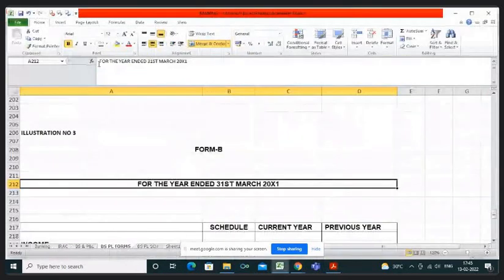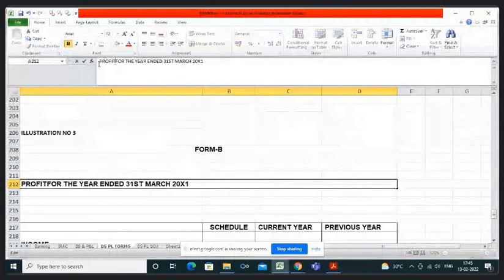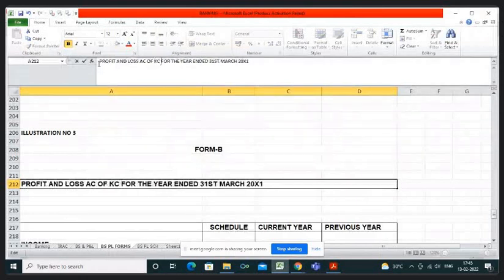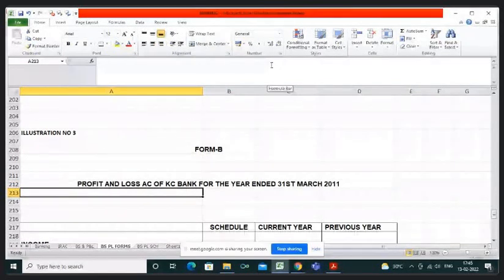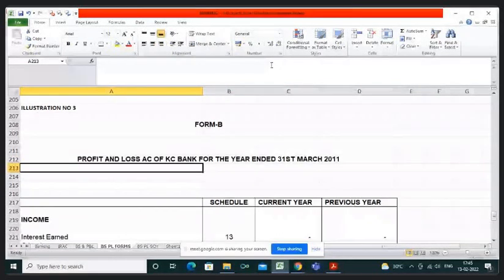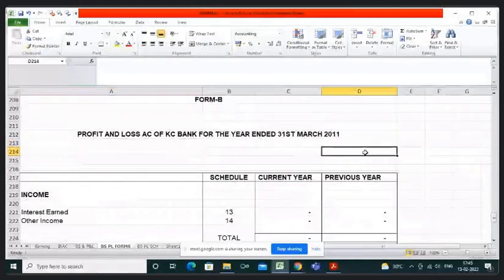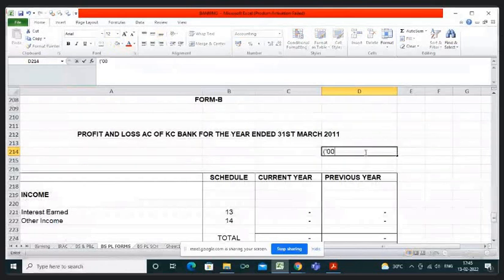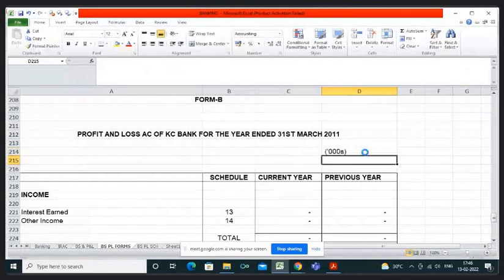So I will write profit and loss account of KC Bank for the year ended 31st March 2011. The amounts are in rupees thousands. I have current year and previous year.